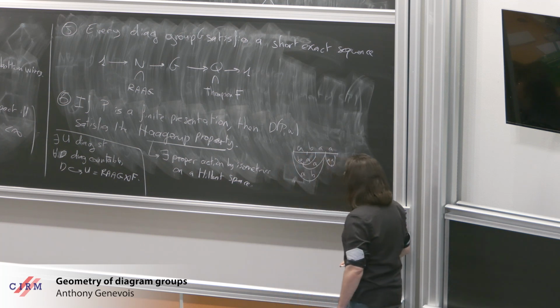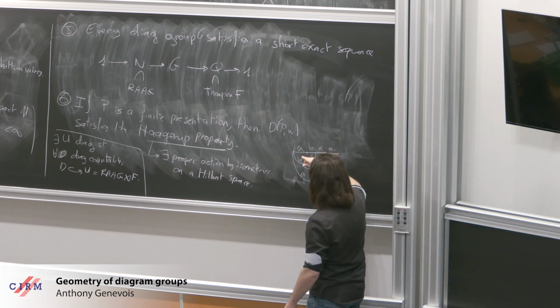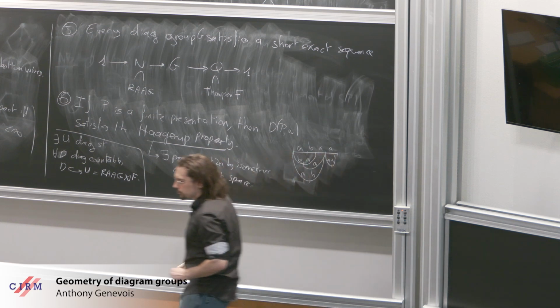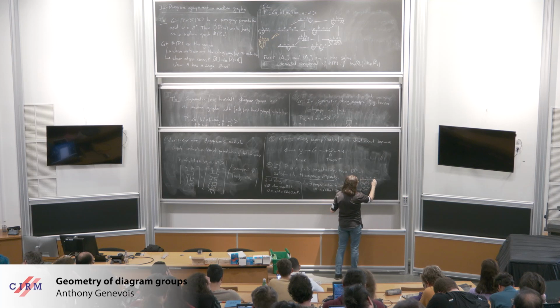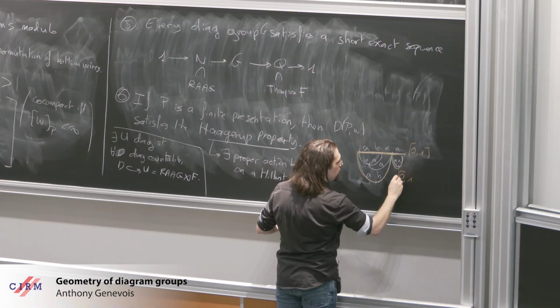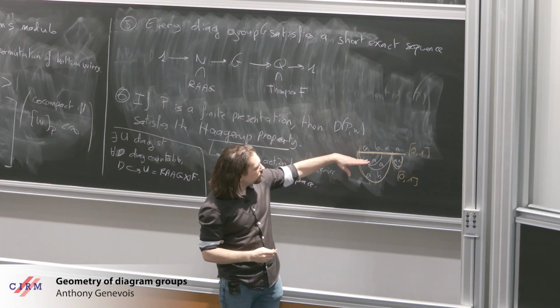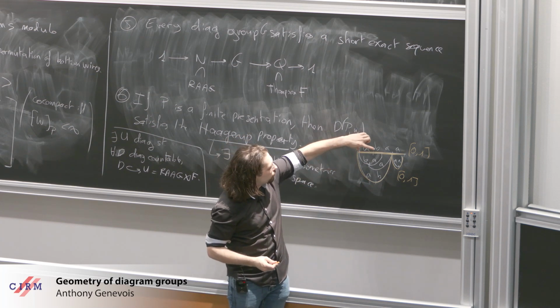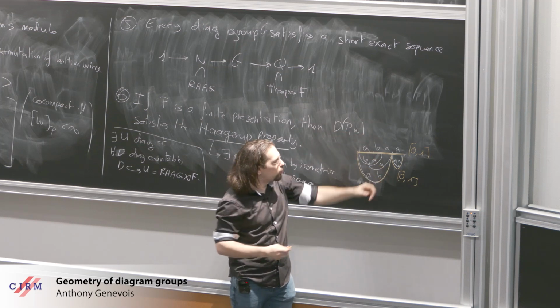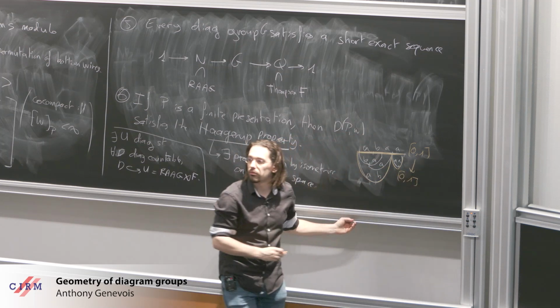Now you can imagine this line as a copy of 0, 1, this line as another copy of 0, 1, and for each two-cell you fix a homeomorphism from the sub-interval to this interval, and you push it to get a homeomorphism from 0, 1 to 0, 1.